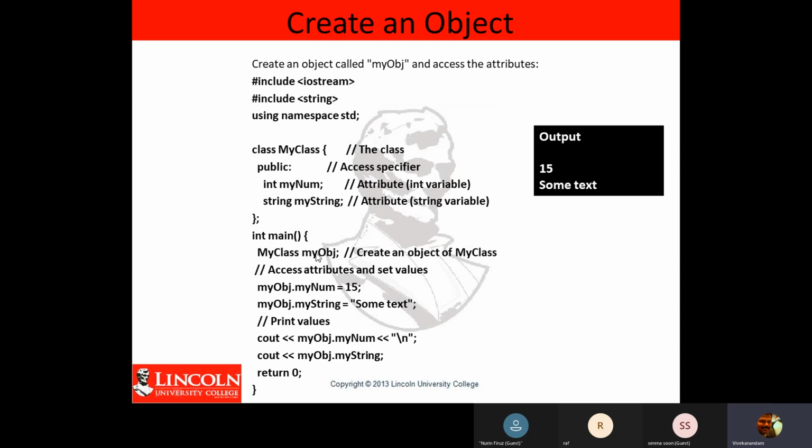You can declare any name, but I'm using MyObj here. So we create an object of MyClass. Then access the attributes and set values: myObj.myNum is 15, and myObj.myString is some text. Then print the values with cout, myObj.myNum, then another value also.